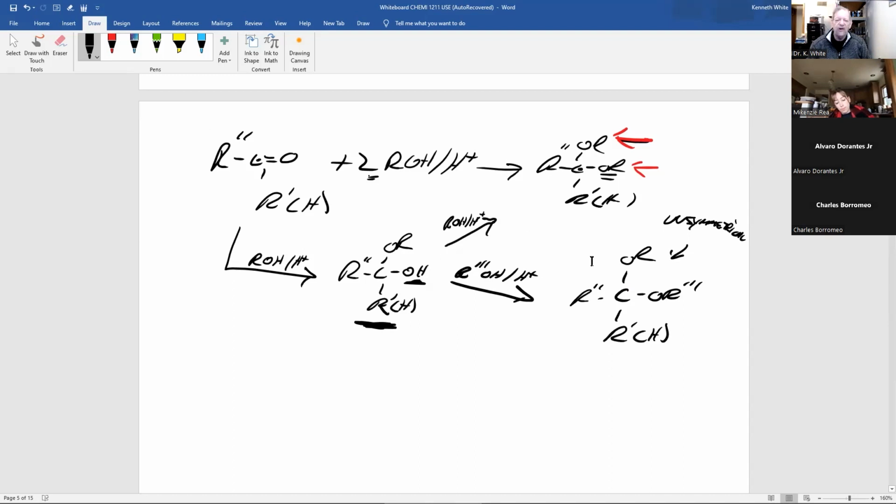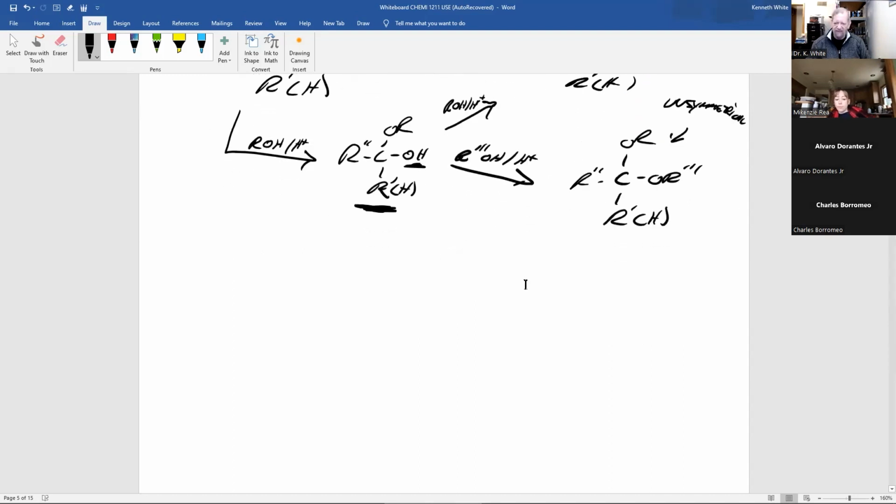All right. Why is this important? Well, this molecule right here, we see in the cyclic form of glucose, where this R group is connected. So let's look at this.